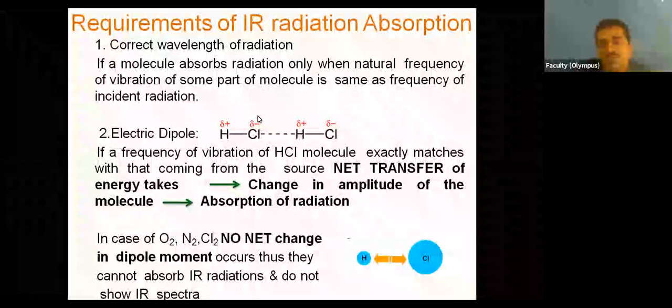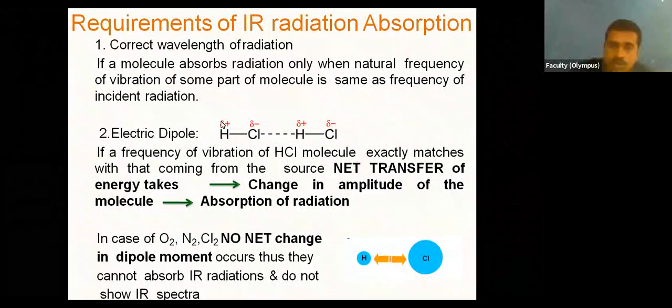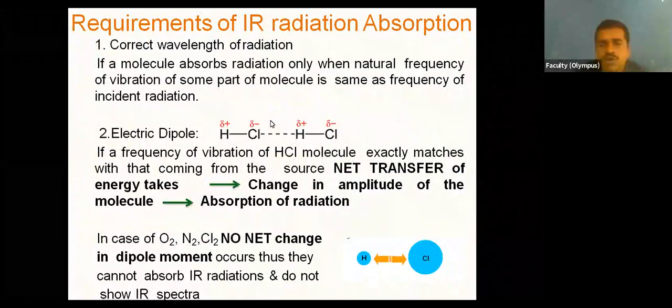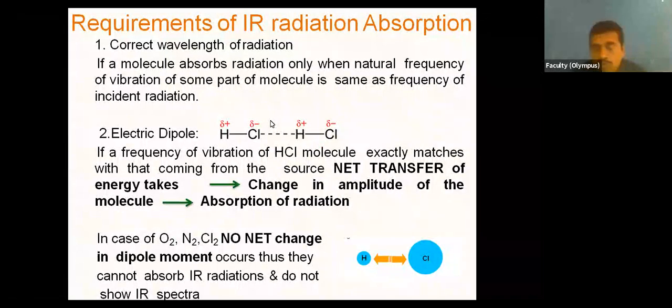Okay. Now the molecules having homoatoms, say nitrogen, chlorine molecule, Cl-Cl, these molecules are non-polar. They don't have electric dipoles. If you take chlorine molecules, both chlorines have the same electronegativity.